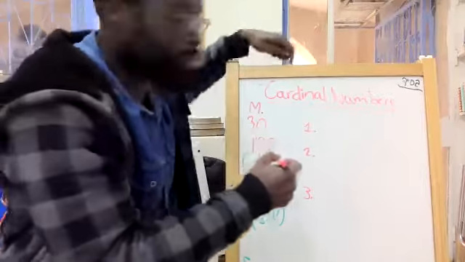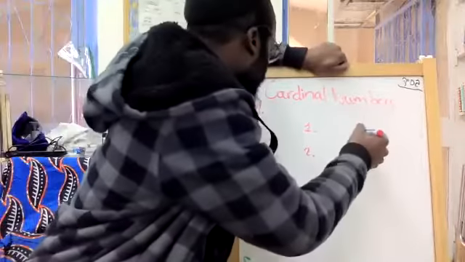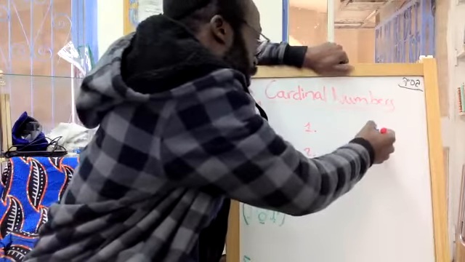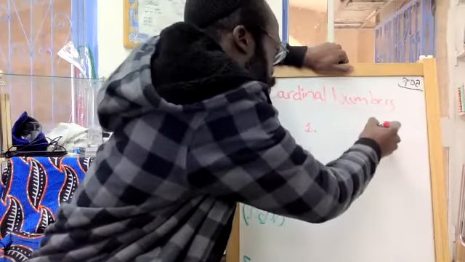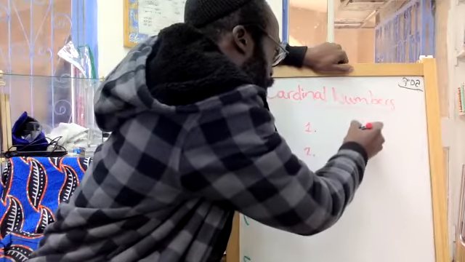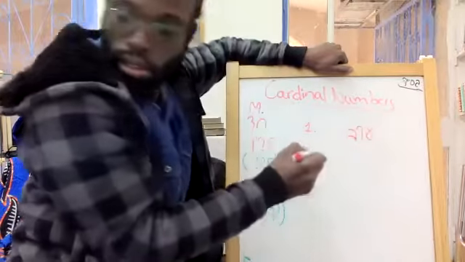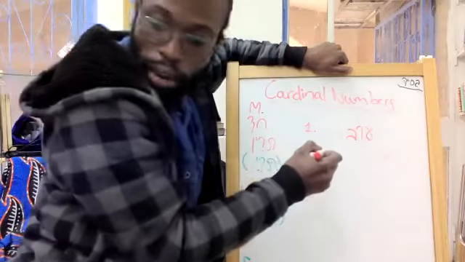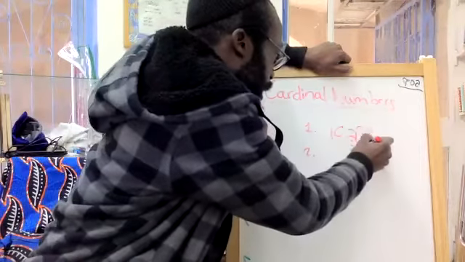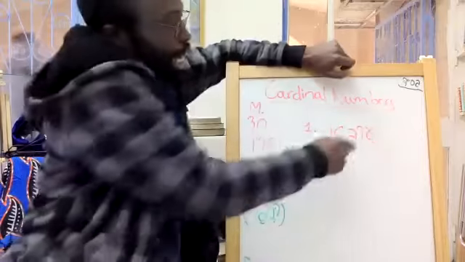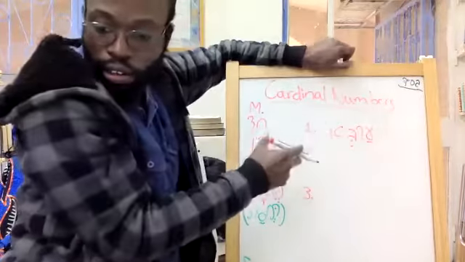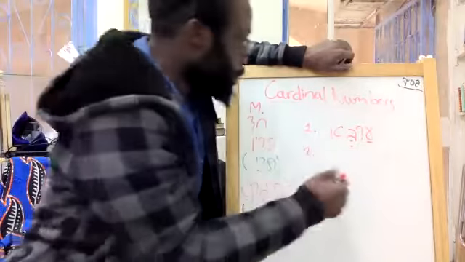So 4 is very similar, basically identical to what it is in Hebrew. 4 would be Arbea, which is like Arba. It's basically the same. Arbea.